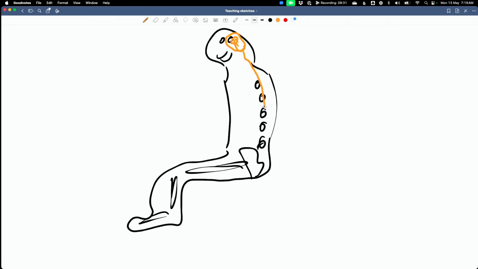It goes all the way down through your spinal cord, exits at about L4, L5, S1, and then it synapses with the peripheral nerve, which is also part of the sciatic nerve tract, which then goes down there. So basically, this is one long structure that goes all the way from here to here. Right?